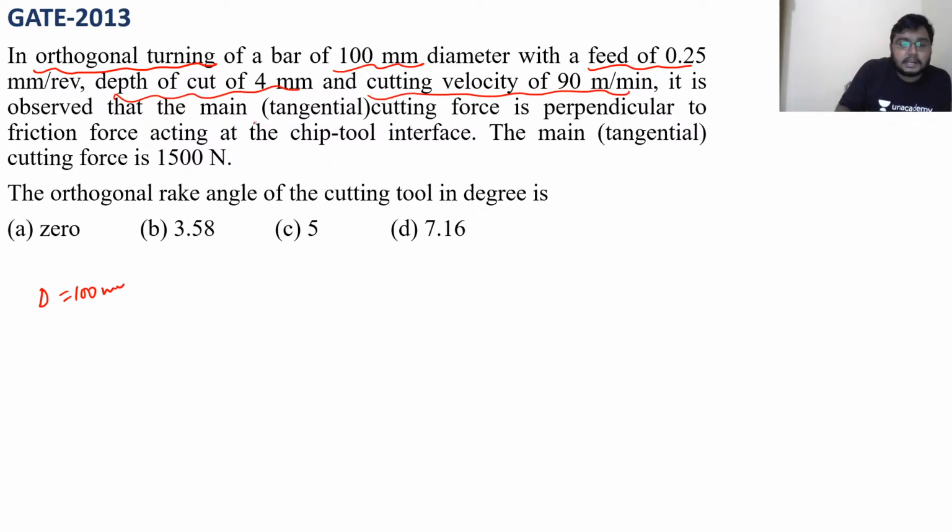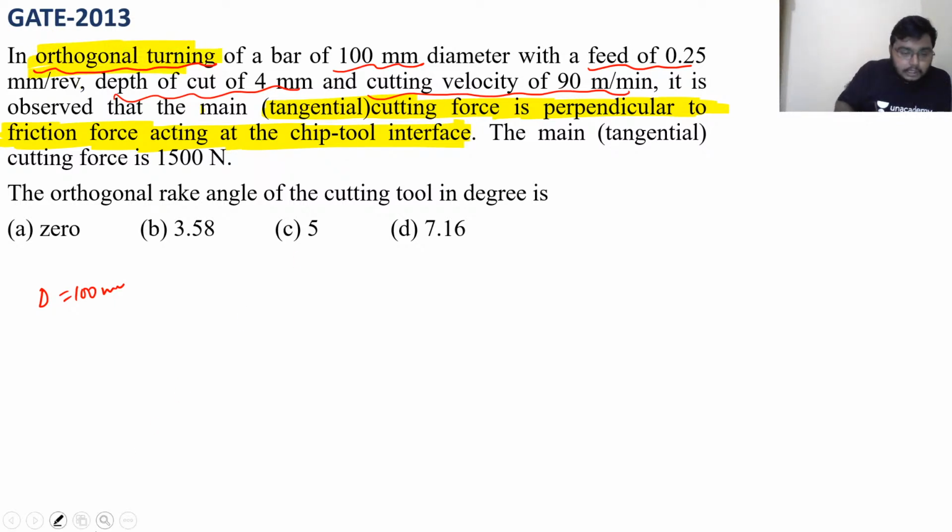It is observed that the main tangential cutting force is perpendicular to the friction force. So what is the important thing? The tangential cutting force is perpendicular to the friction force, right? So this is an orthogonal turning.